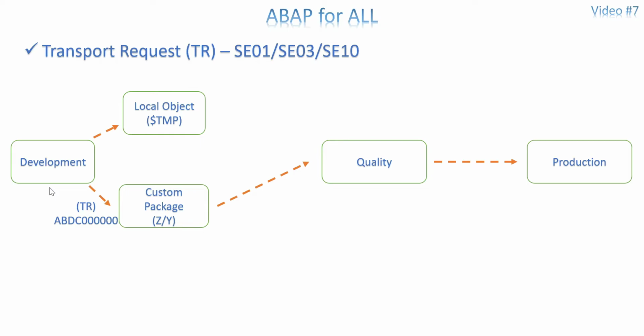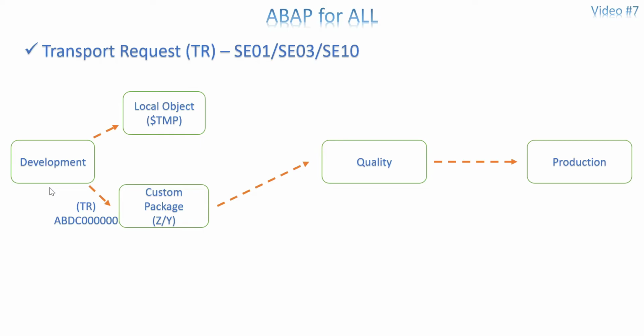And another point: once the transport is released, you are not able to use it. No longer are you able to use that transport request. Once it is released, that's it, gone. You have to create another transport request. You have to request to create it: I need one more transport because the existing transport associated with my program is released.